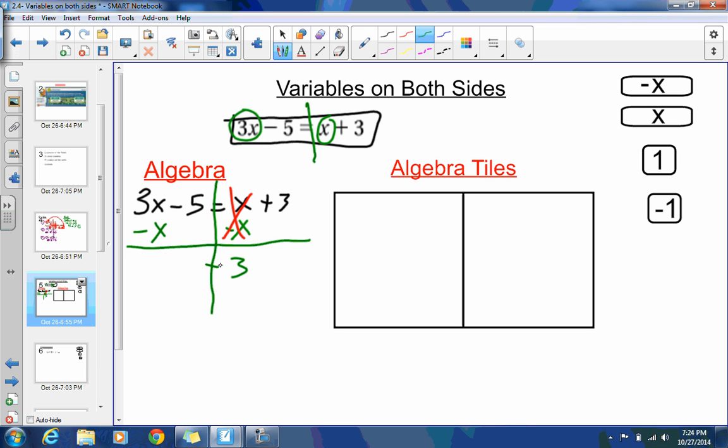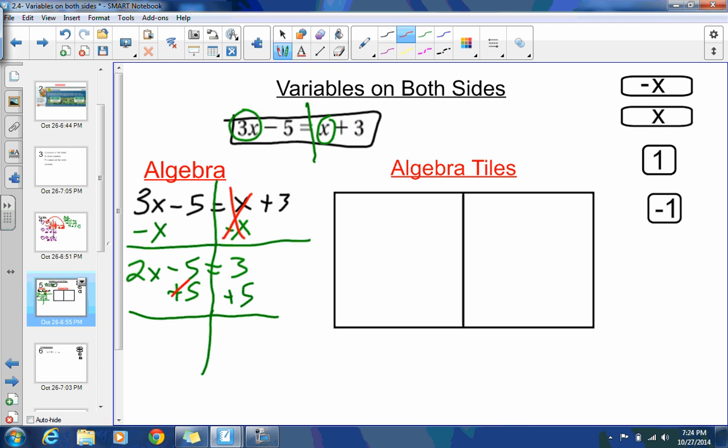And that's equal to 3x minus x, which is 2x, minus 5. And now we have ourselves a two-step equation. What we're going to do first is get that x term by itself, so we're going to add 5 to the side to cancel that out. So we do that to the right as well.